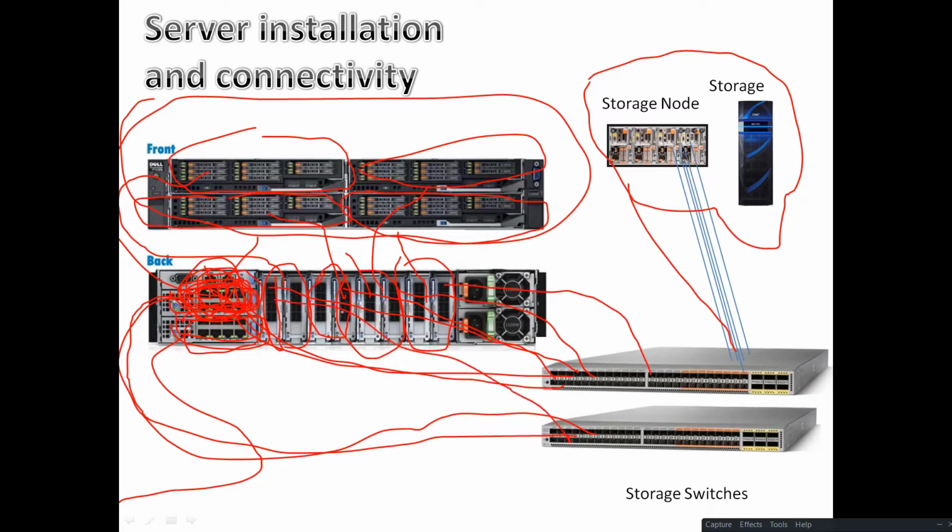So the second port is here, the second port here. Sorry, one for storage and one for server. So you still have one connection here, so it's fully redundant on the storage side.